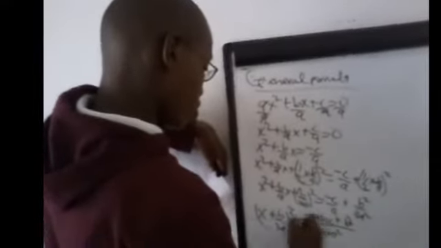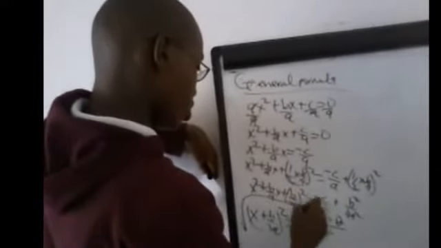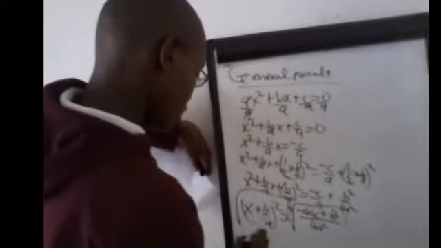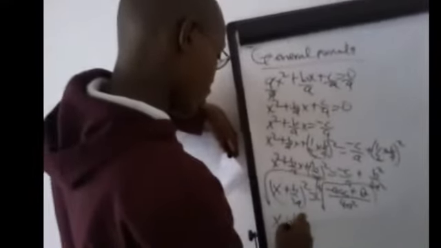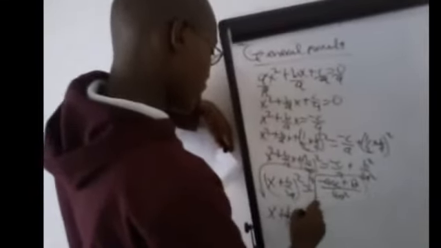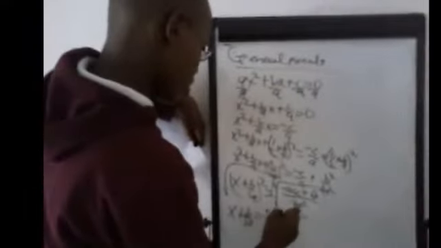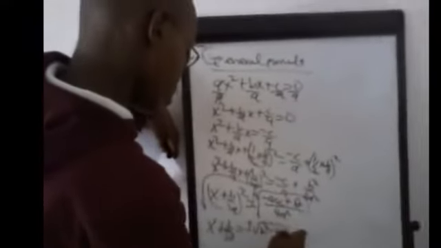So we root both sides, so we get x plus b over 2a equals plus or minus the square root of b squared minus 4ac over 2a.